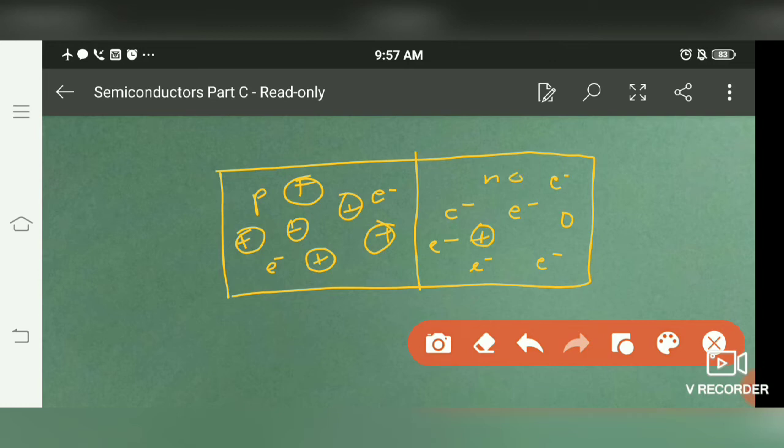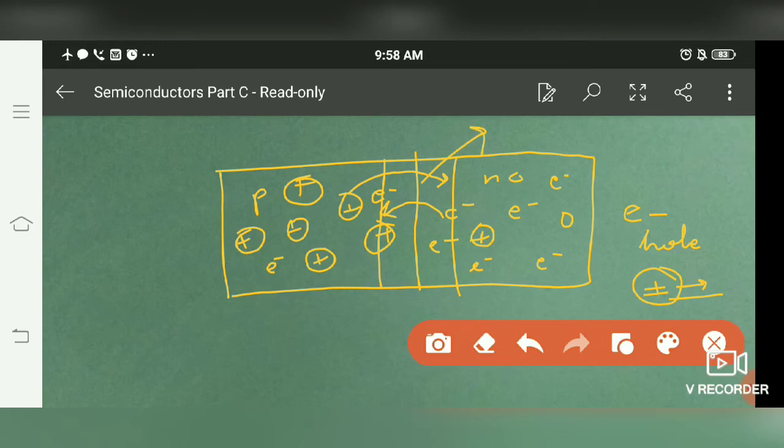What actually happened is the electrons tried to cross the junction and move to this side, whereas holes try to move to that side. When they do, electrons and holes combine together, positive and negative combine and become neutral, and they are not able to move further. So this region gets devoid of charges.